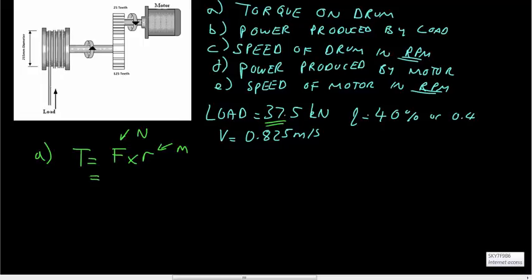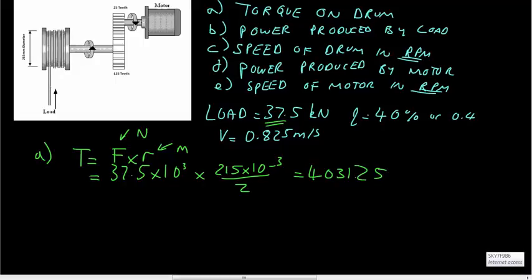So that'll give us 37.5, remember, this is kilonewtons, so we need it times 10 to the 3, times by a radius of 215 millimeters, 215 times 10 to the minus 3 meters over 2. So that gives us an answer of 4031.25 Newton meters. So that's the first part there.